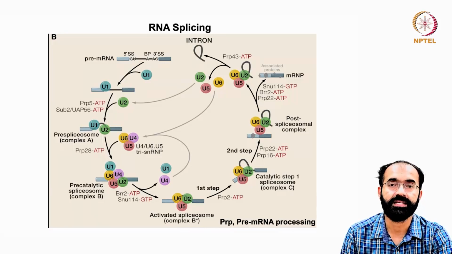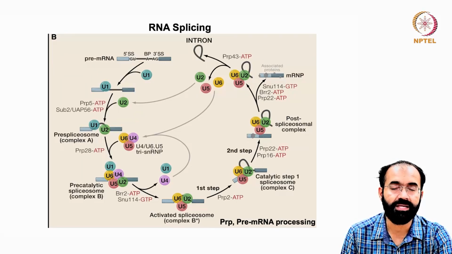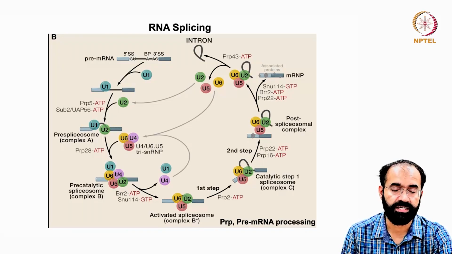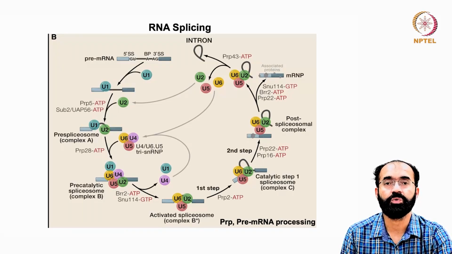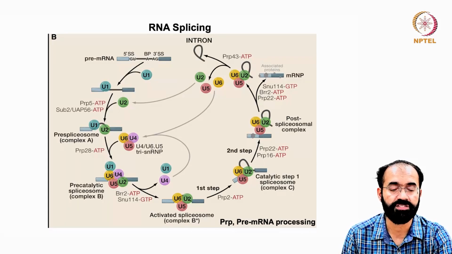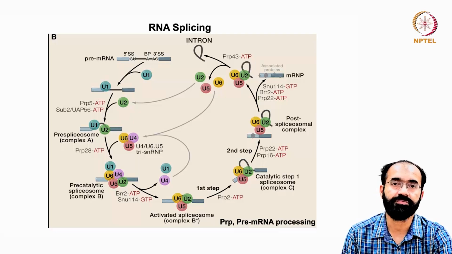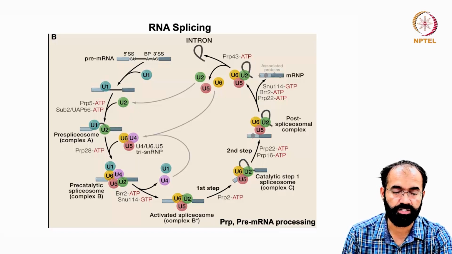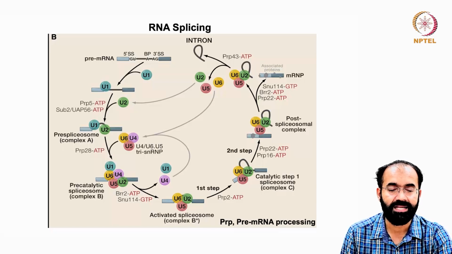At this stage there is utilization of ATP when U2 is joined, because that facilitates the folding of the intron so that U1 and U2 can come together, because their pairing is also important, without which the first transesterification reaction cannot happen between the branch point and the first exon-intron boundary. We call this the pre-spliceosome complex A.